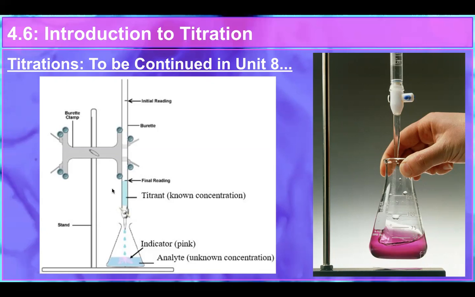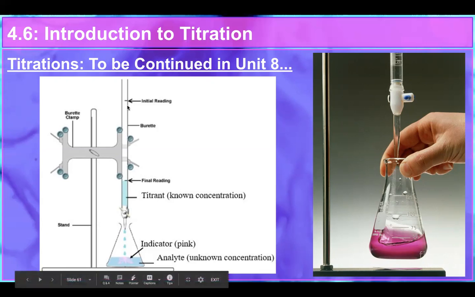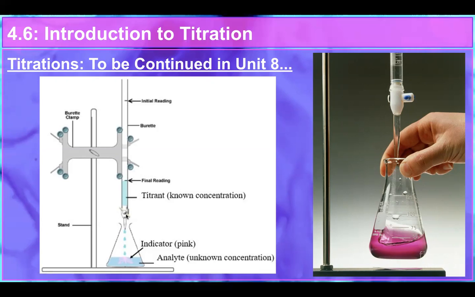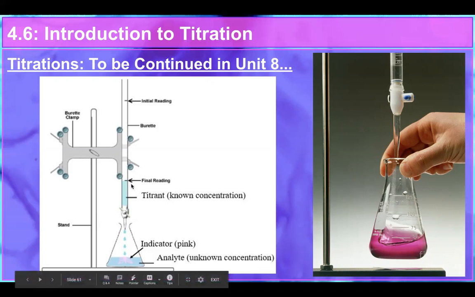So this is a really, really accurate way of dispensing a solution into another solution. You just got to be careful. All right. Don't turn this all the way parallel because then it's going to let it run out pretty fast.